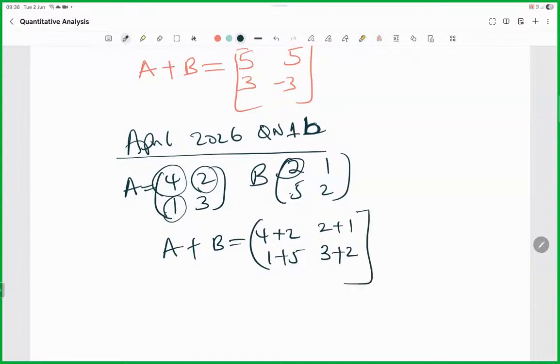Corresponding elements, which basically will be 6, 3, 6, and then what here? 5, like that. So you basically add or subtract corresponding elements.